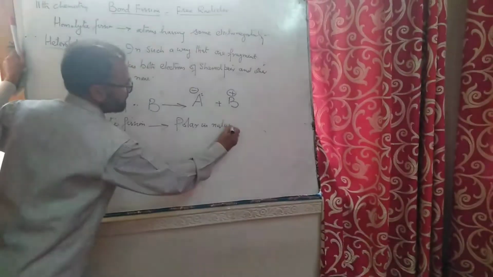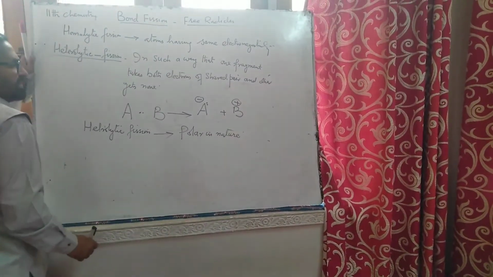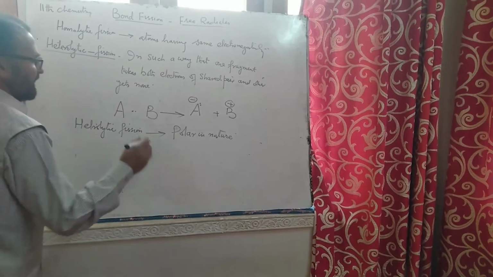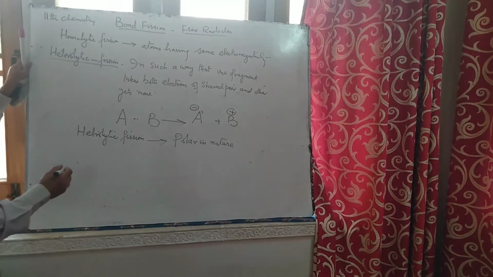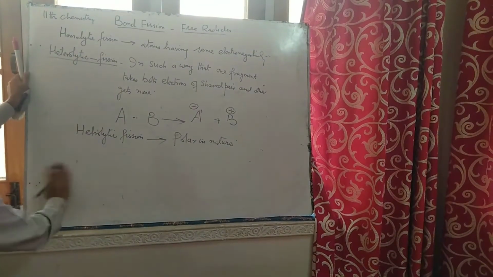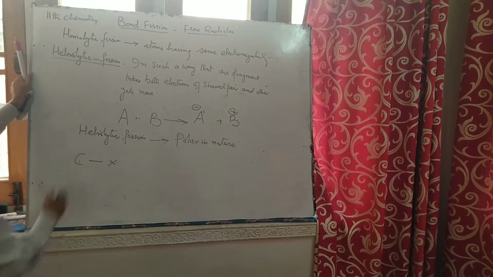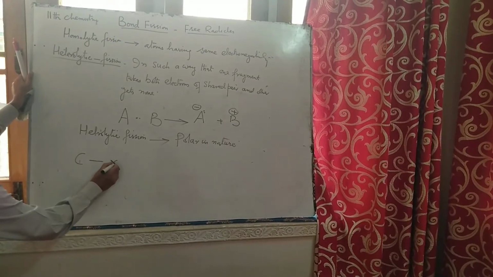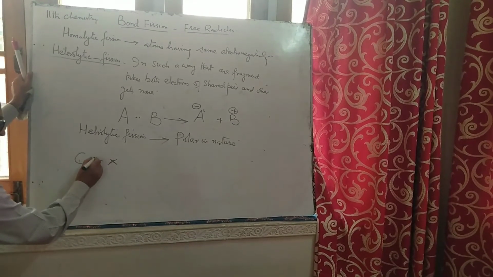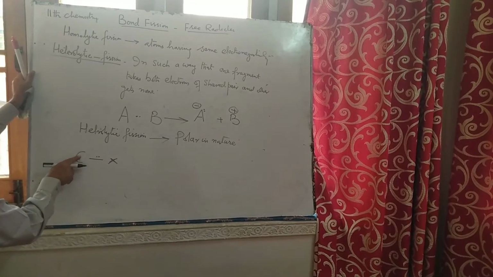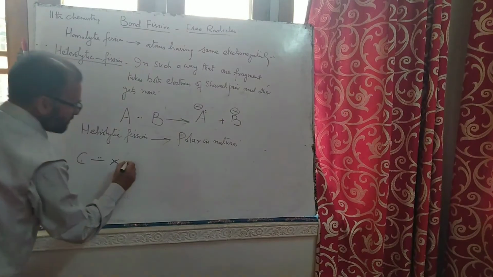And in heterolytic fission, for example, I will show it here, this is a C-X bond. If this electron pair, that is the bond pair, leaves this organic group and goes with the substituent.